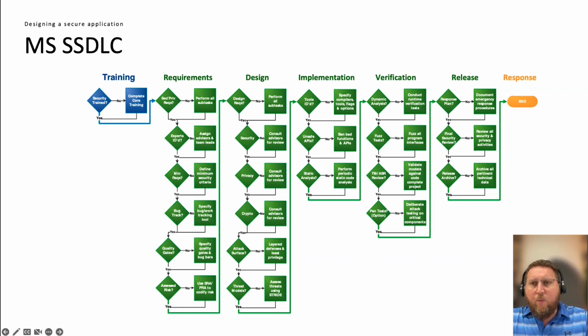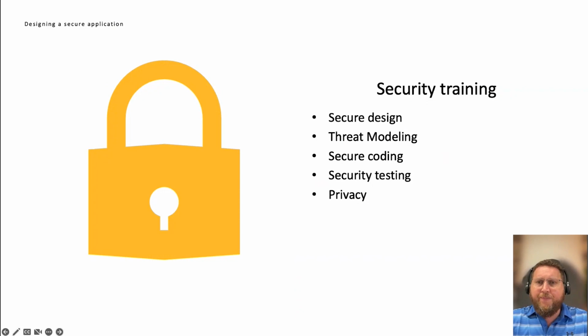Some of the things that we were talking about earlier in secure design, coding, pen testing, everything, what things do we have to keep in mind when we are talking about secure design?